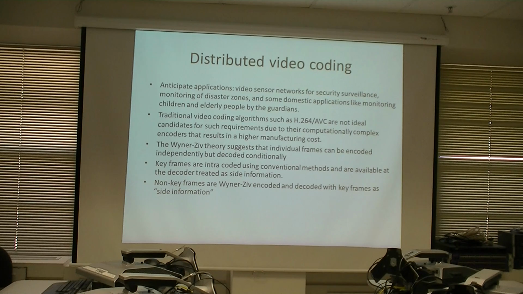The simplest distributed video coding framework is driven by the Wyner-Ziv theory, where the key frame is intra coded and available at the decoder as side information, and the non-key frames will be Wyner-Ziv encoded and decoded with the decoder side information.